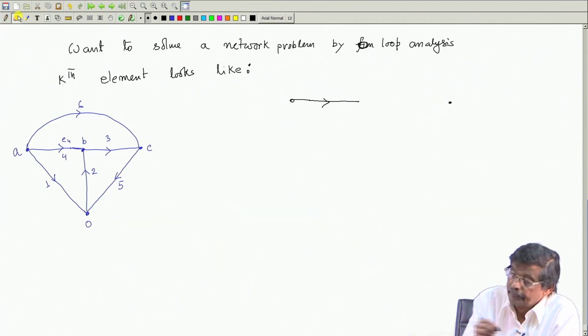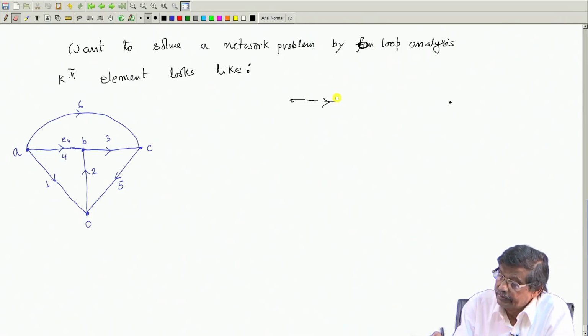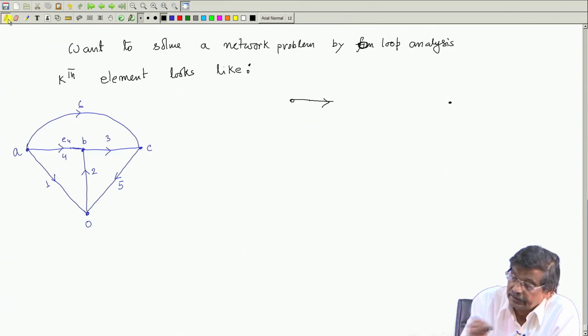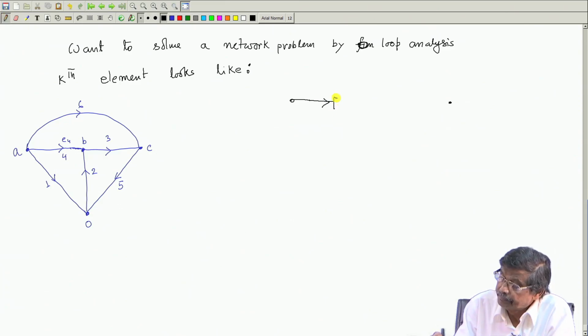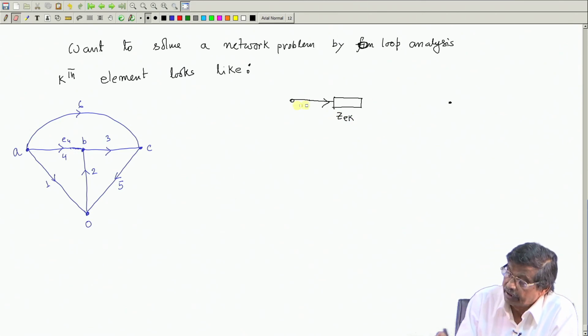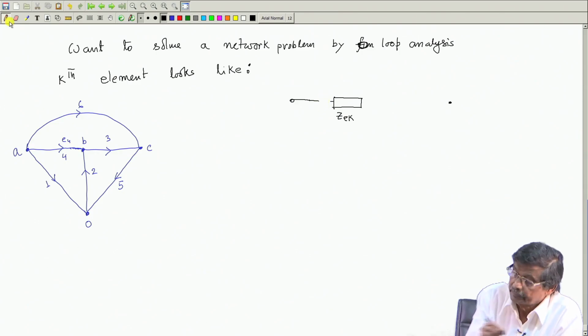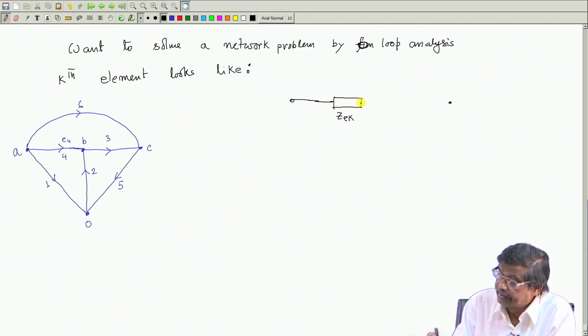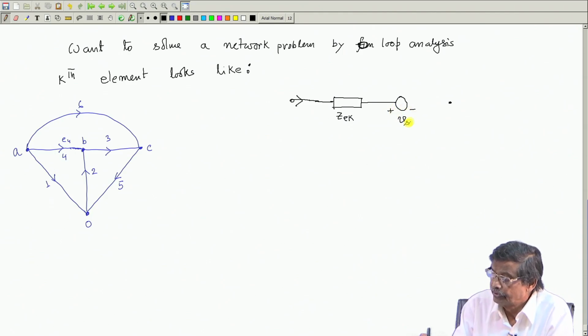You carefully follow me. Here is the impedance ZEK. Let me not put the arrow first. Then there may be a voltage source. This arrow is known, so I will follow this convention: the source with this polarity is connected.